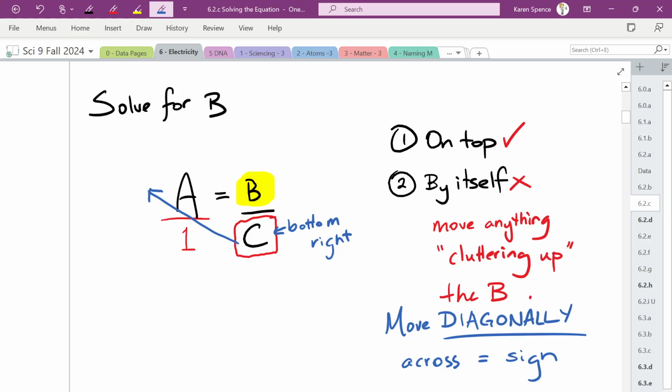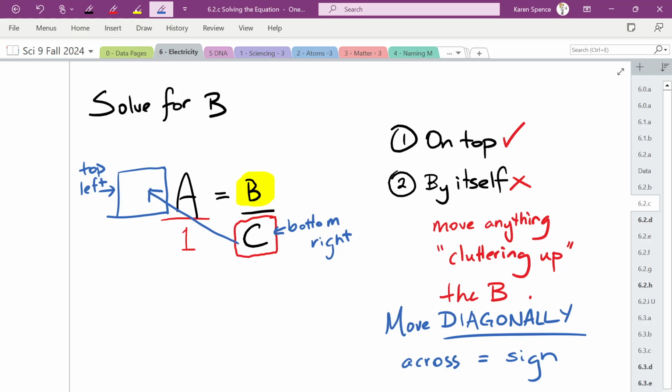Anything that you're dividing on the right-hand side, you need to multiply on the left-hand side. If it was on the bottom on the right, it needs to move to the top on the left. If it was on the top on the right, it needs to move to the bottom on the left. Okay? So anytime you move one thing across an equal sign, if it was on the bottom, it needs to go to the top. If it was on the top, it needs to go to the bottom.